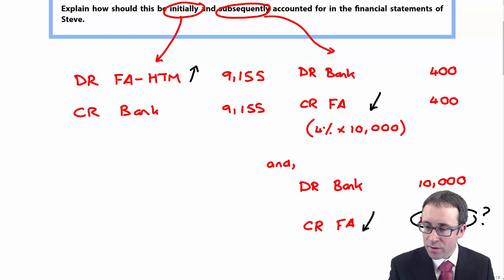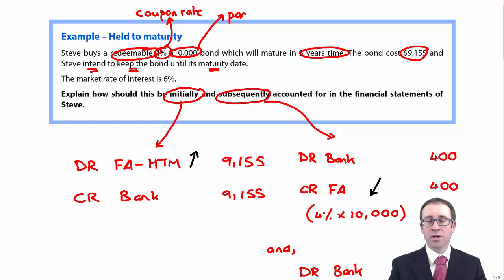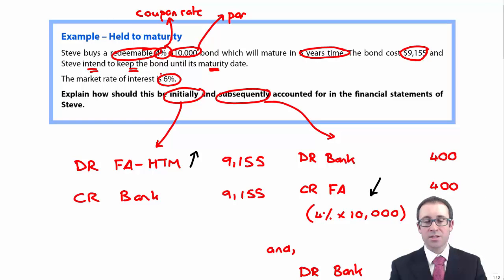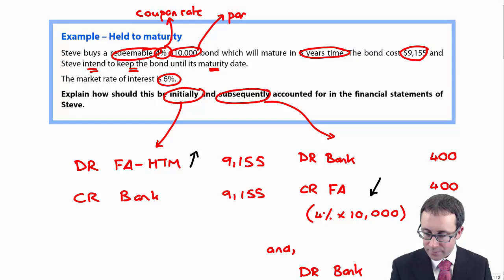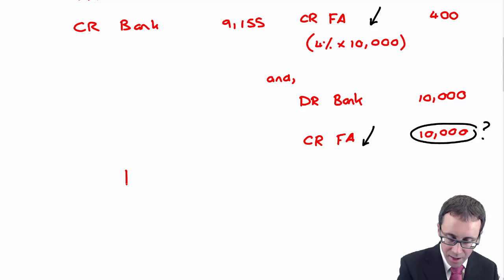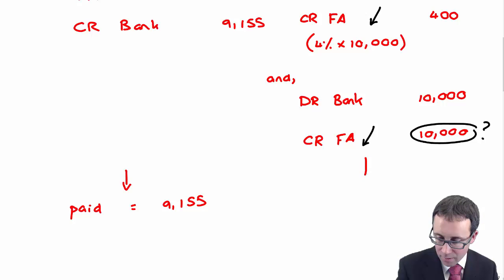So what we have to do is that the interest income that we take to profit or loss, to get the asset from the 9,155 to the 10,000, we're going to have to use this 6%, okay? Because if we piece it all together, the 9,155 is the amount that we paid. So we paid 9,155, didn't we?